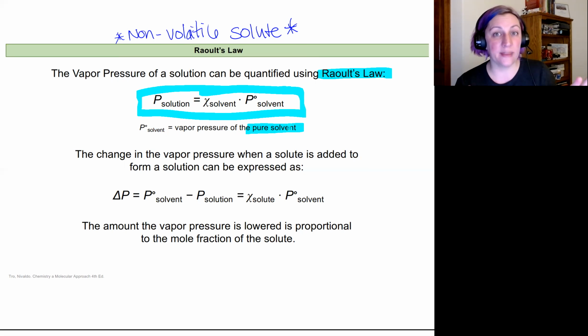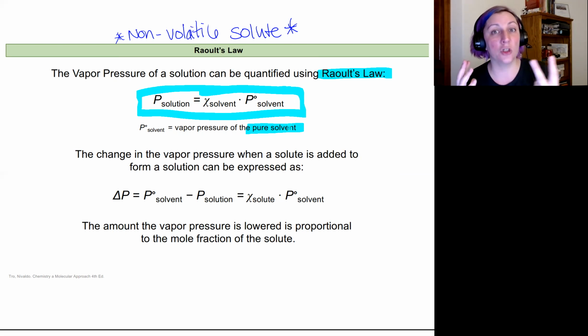Doesn't matter what that solute particle is at all. It just matters how many moles of particles of the solute and solvent we have. So remember, if I have sodium chloride and I have 1 mole of sodium chloride dissolved in 10 moles of water, each of those formula units of sodium chloride are going to produce 2 solute particles.